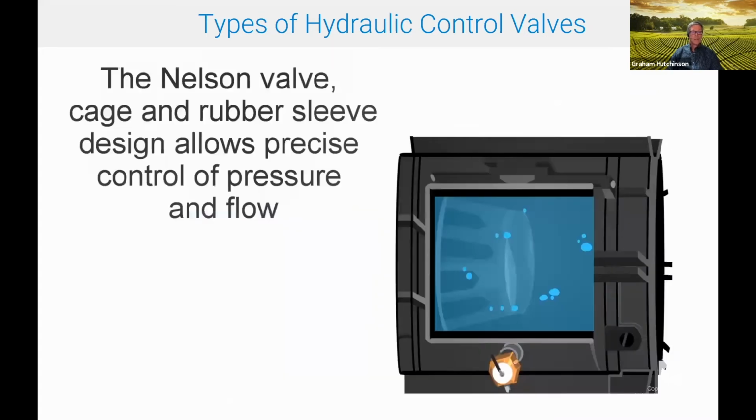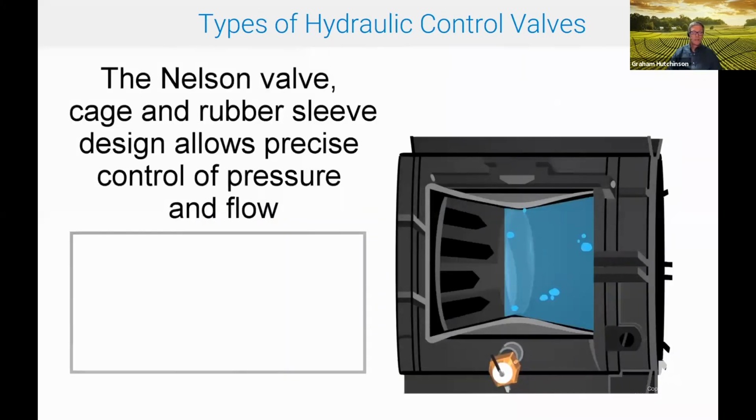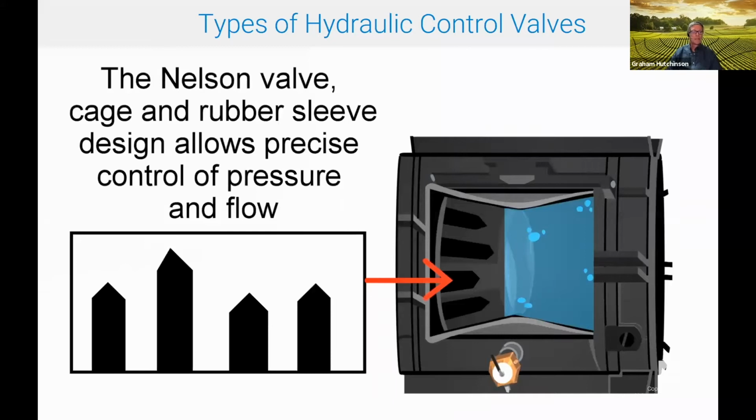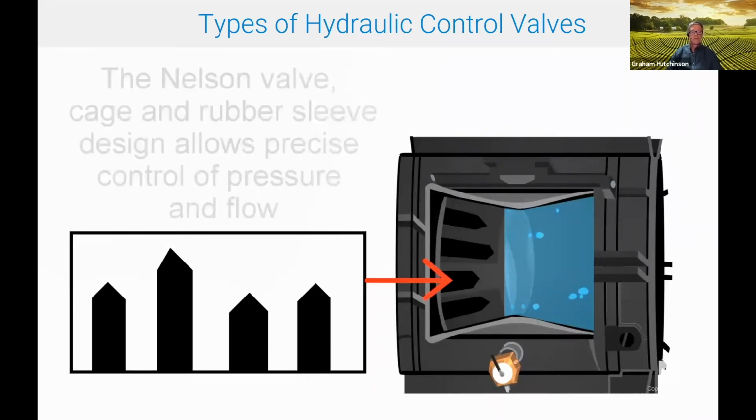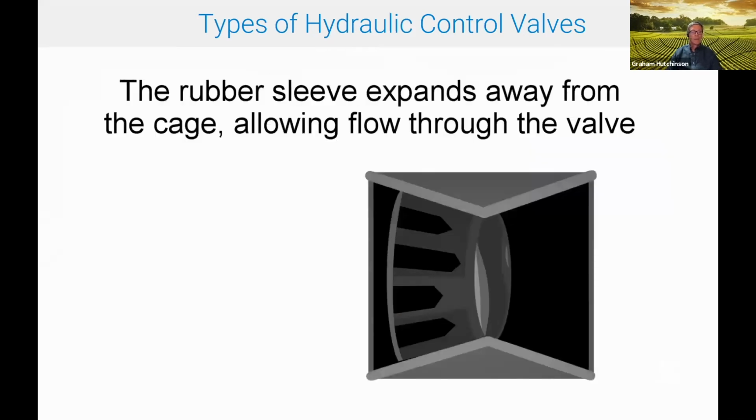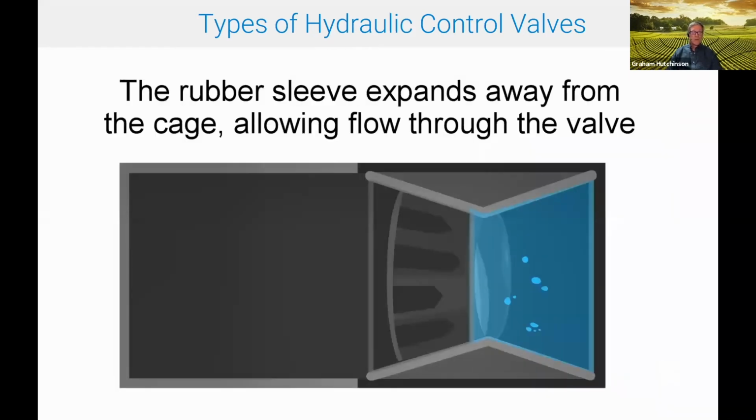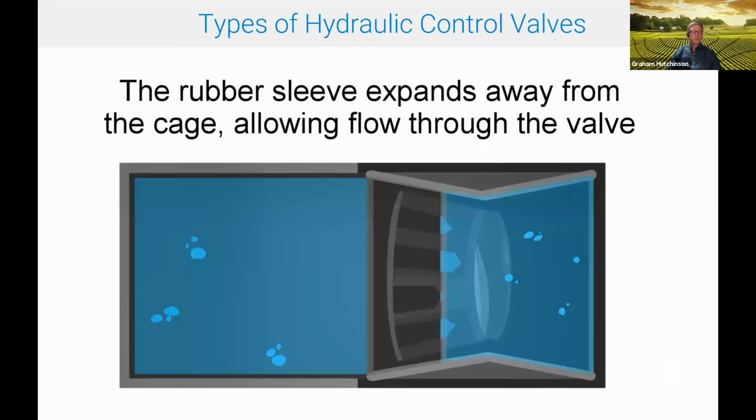The Nelson valve, instead of a diaphragm, has a rubber sleeve, and that rubber sleeve contracts onto and expands away from a cage. As it expands away from the cage, it lets water flow through slots, and those slots have a specific shape and design.